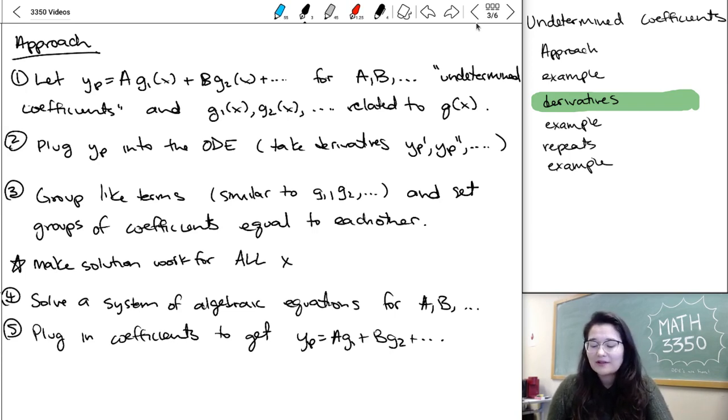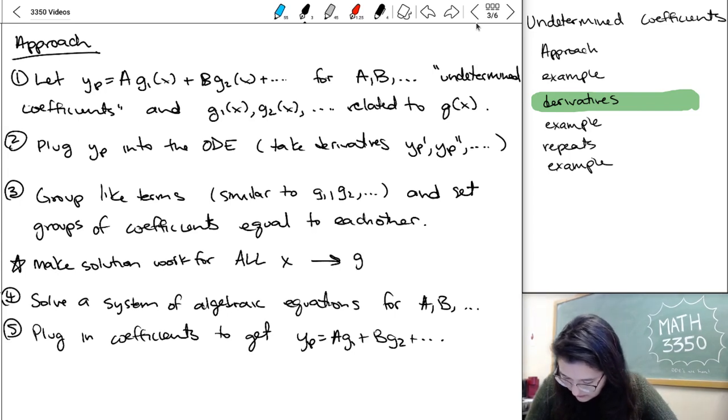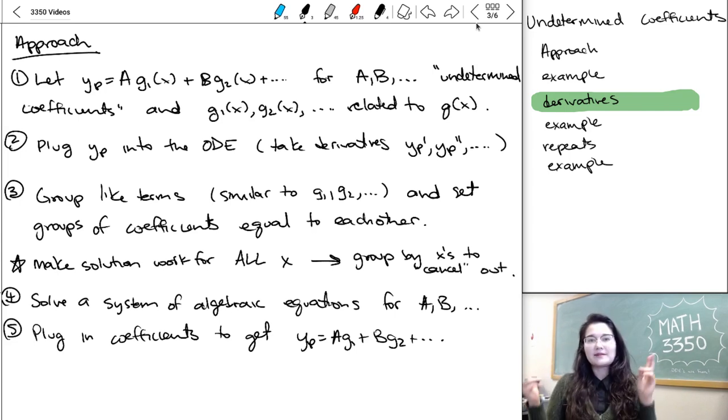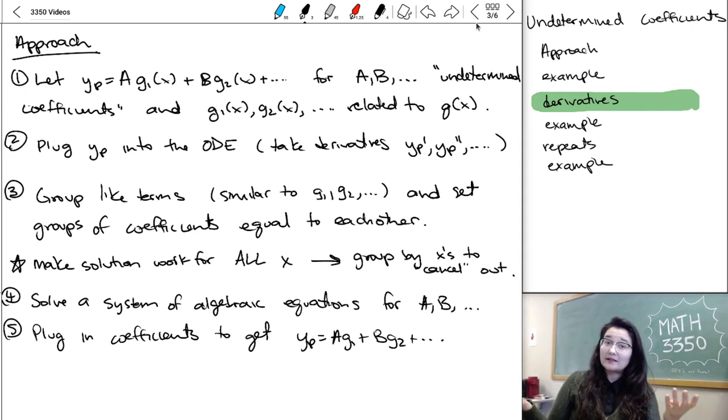That means that when you start setting up your equations, you don't want to see x's anymore. That's why we group by terms that include x. That lets us cancel out that there's an x squared, because we set the two x squared groups equal to each other.